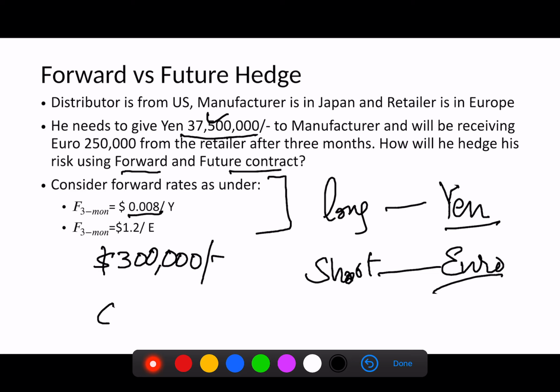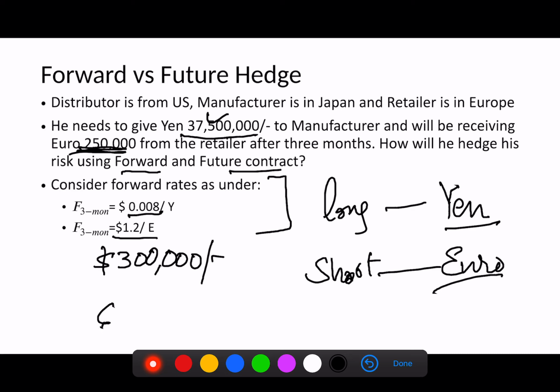And in another forward contract, you will be now selling 250,000 euros. This was your asset currency, which you will be receiving after 3 months, but you need to convert that into your home currency, because you are a US businessman, or your company is US based. So you will be selling your 250,000, and how many dollars will you get in return if the contract involves euro and the US dollars? Simply multiply this 250,000 with 1.2.